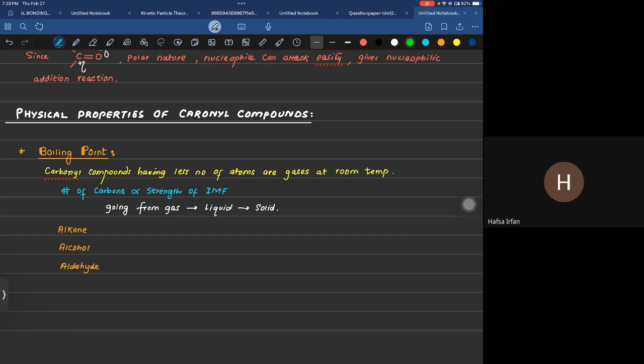To be specific, this is ethane, CH3CH2CH3, and this is minus 42 degrees Celsius. It's the boiling point. And if I talk about the simplest aldehyde, you will see that it's plus 21 degrees Celsius. The boiling point is set.